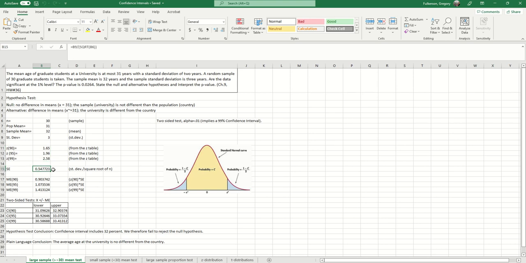And it is the standard deviation, which in this case is 3 divided by the square root of n for the sample, which is 32. So 3 over the square root of 32 is how we got to that value. You can see the Excel formula there is highlighting those values.